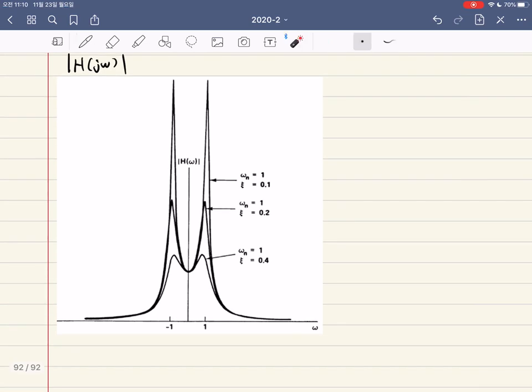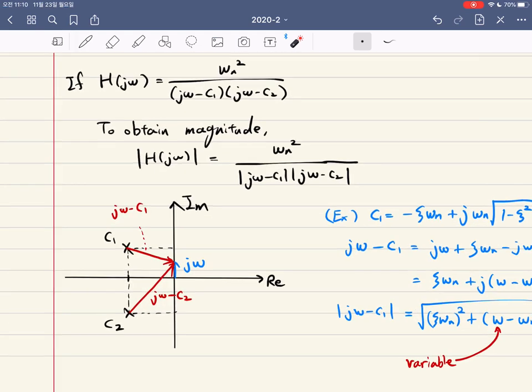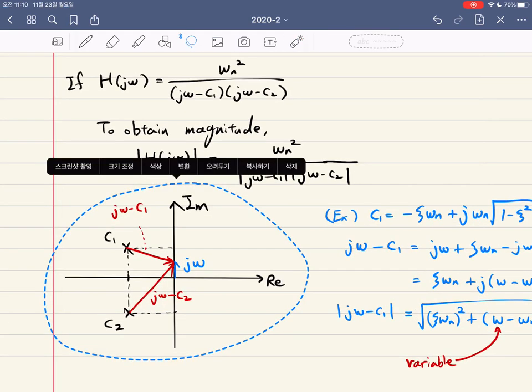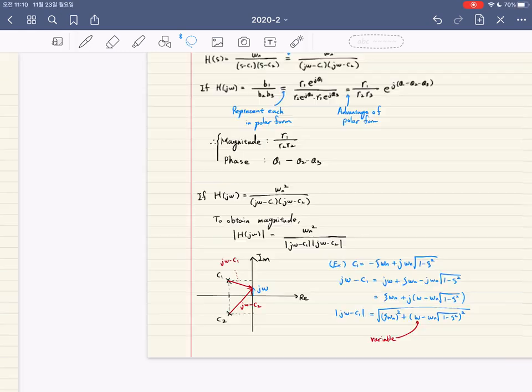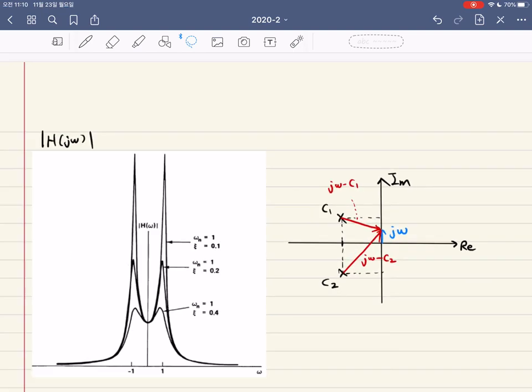And since we're talking about the frequency response, you can see that the x-axis is the frequency. Okay, so I would like to compare this S-domain plot with this result of the magnitude.